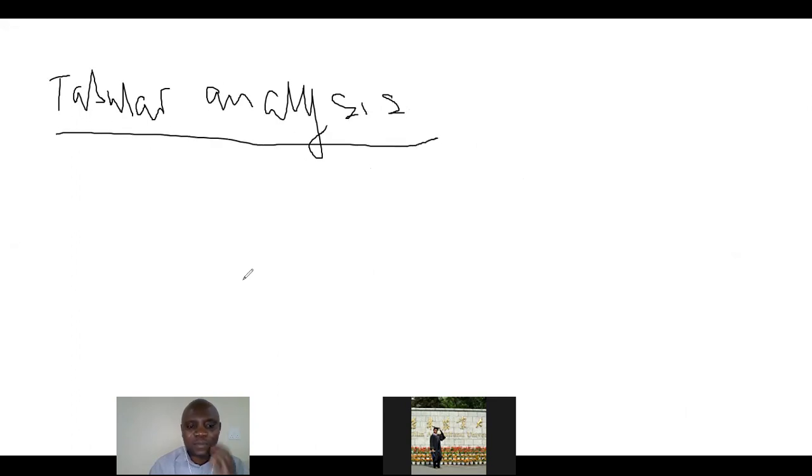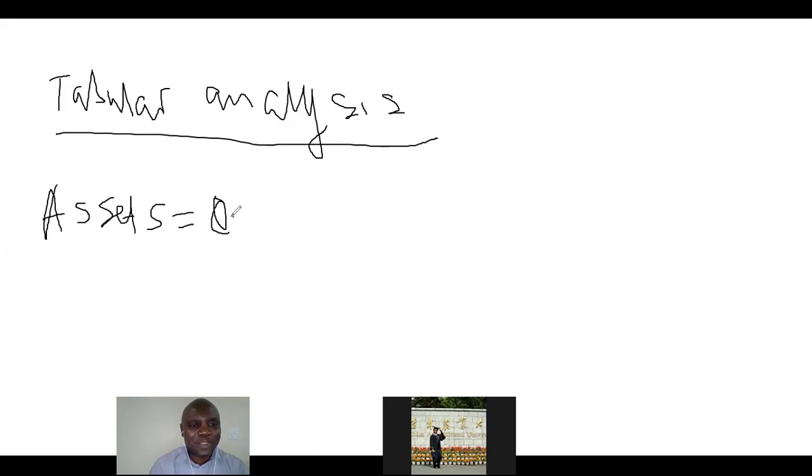Now when you're doing your tabular analysis, this is what is going to happen. You will have assets this side, equals to owner's equity, which is capital.